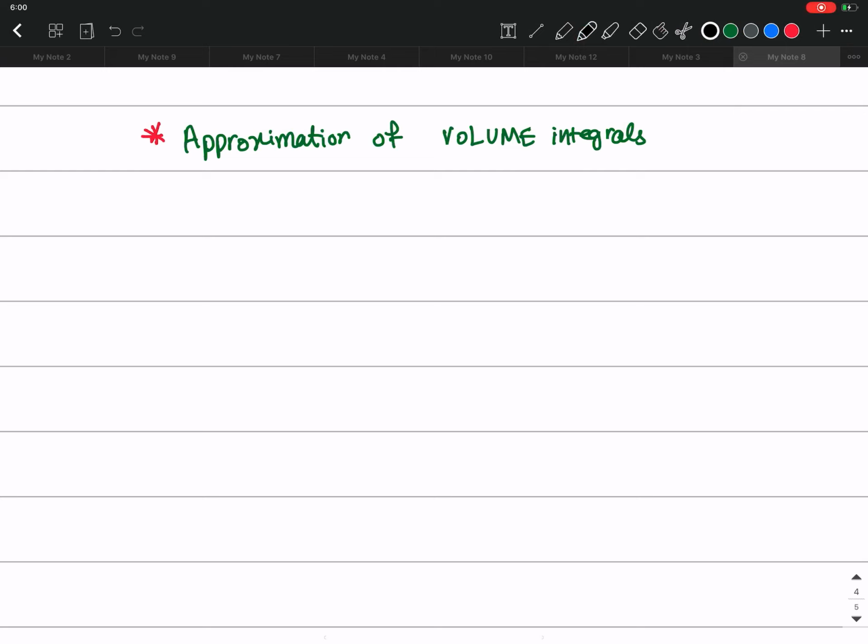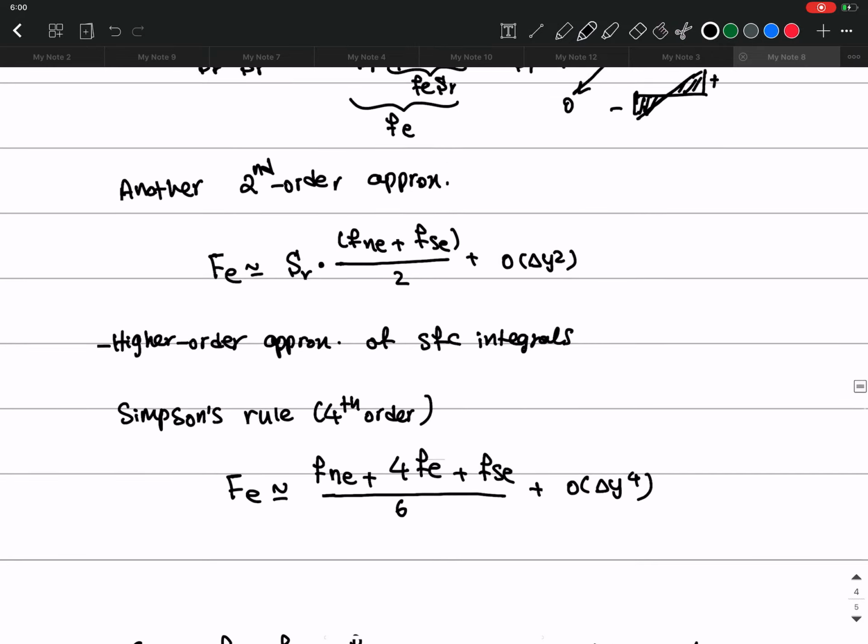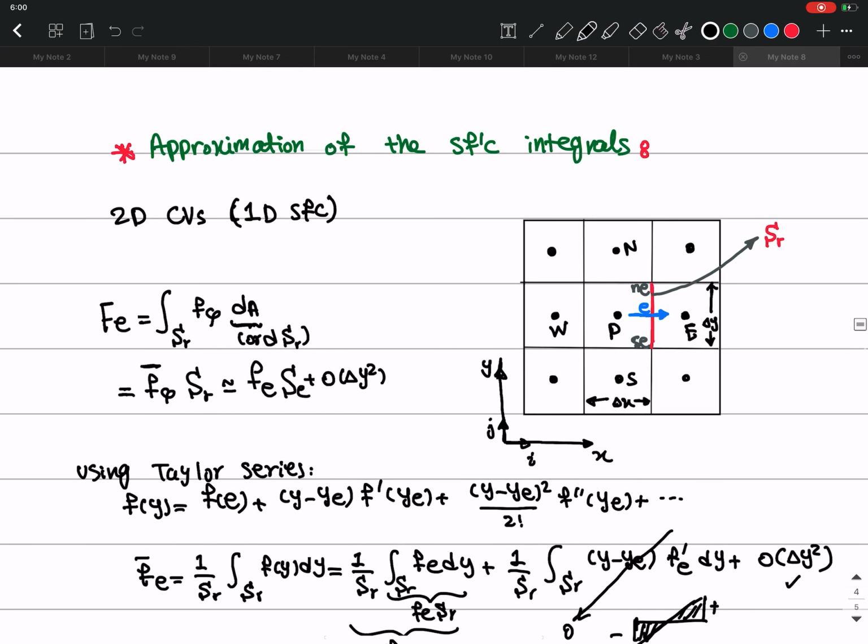Hello everyone, today we will continue discussing the finite volume methods, and in this lecture I'm gonna talk about approximating volume integrals. In the previous lecture we talked about approximating the surface integrals in this finite volume scheme, how we can approximate these kind of integrals which are evaluated at the surface.